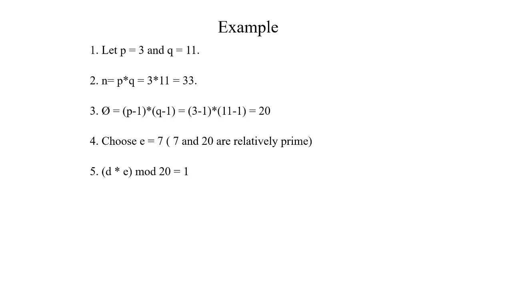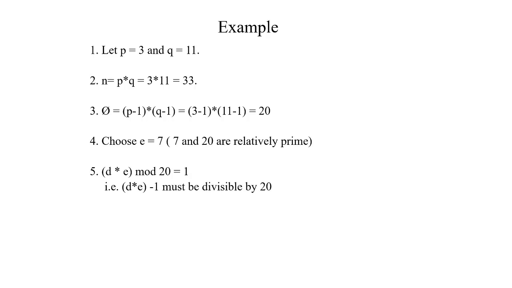to 1. So we have to compute d such that the multiplication of d and e, when the result of this multiplication is divided by 20, will return remainder equal to 1.